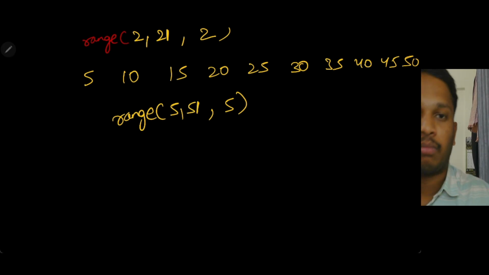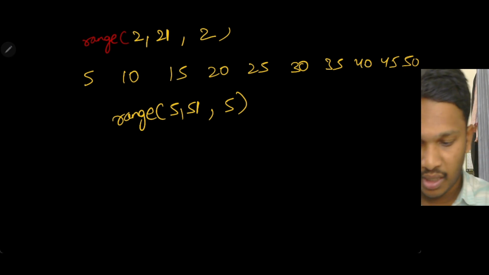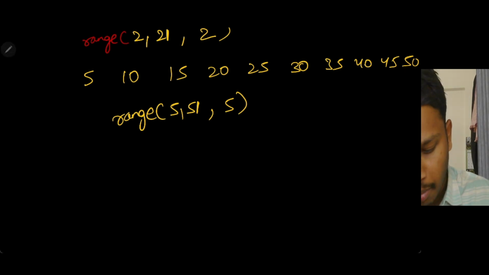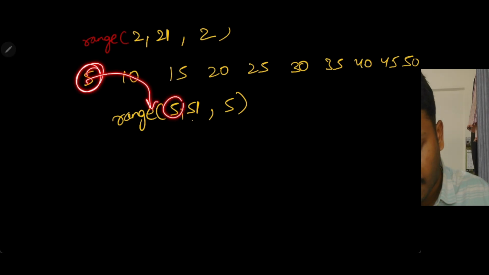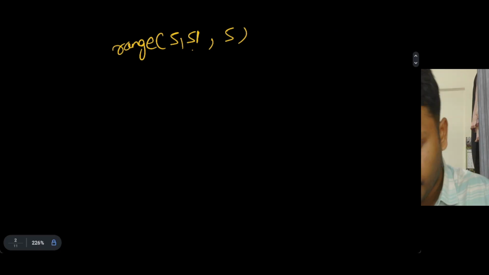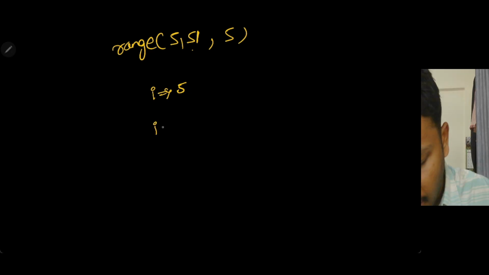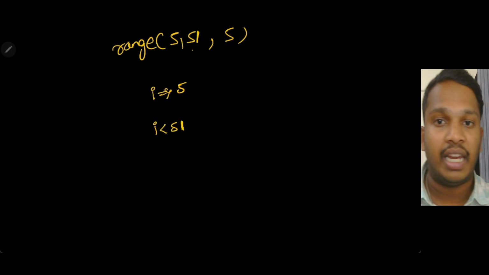So 51. Why am I adding one extra? Because they will keep this condition on this number. I am explaining how it happens inside. They will write like this: some I value is equal to starting. If I is less than 51, then what should I do?